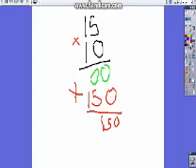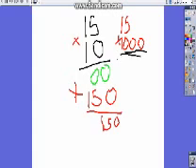An easier way to do this, instead of multiplying it, if you have something like 115 times 1,000, you can just do it really quickly by looking at how many zeros this has. Now the zeros have to be at the end.